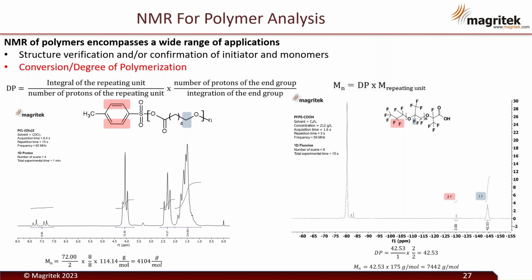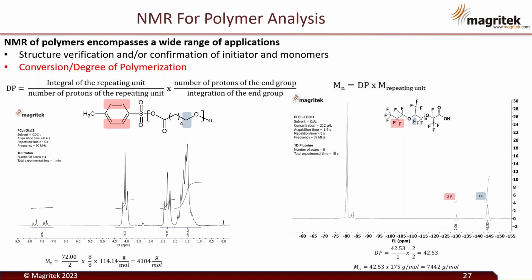Integrating those can be easily used to determine degree of polymerization. From that, if you know the molecular weight of the repeating unit, you can determine number average molecular weight quite easily. Note this is also easily done through fluorine NMR as long as the in-group is separated from the repeating unit itself. So this technique works quite well when you have those two unique signals.